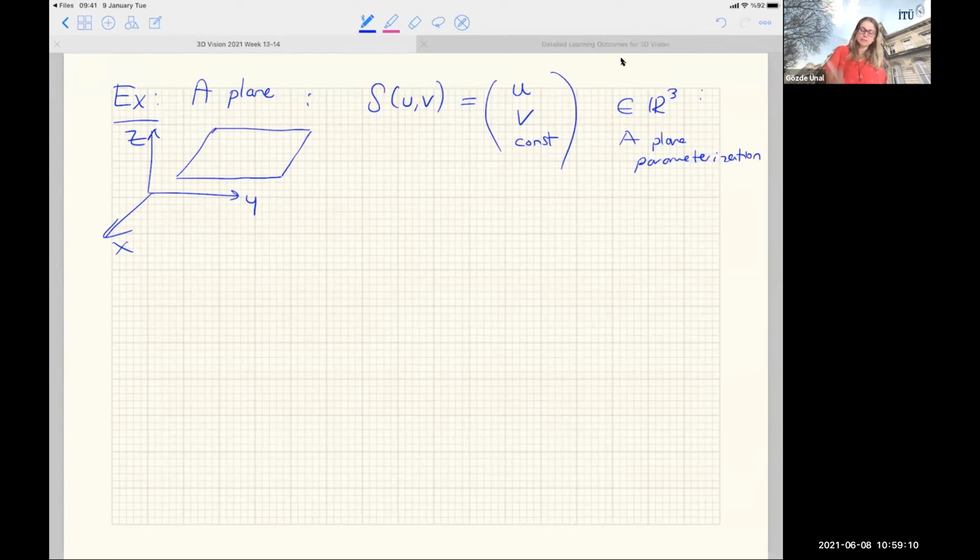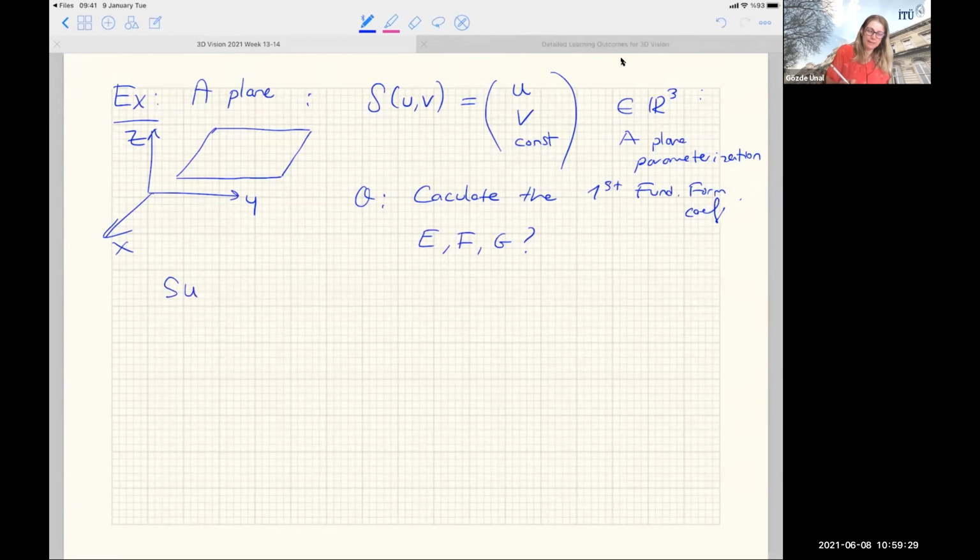Now I'm asking you a question: calculate the first fundamental form coefficients. So you should calculate E, F, and G. You need S_u and S_v, right? This is del S by del u for each of the arguments in R^3. So it will be really (1, 0, 0) and (0, 1, 0), right?